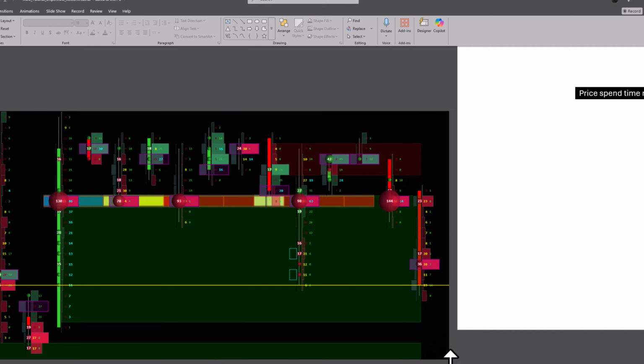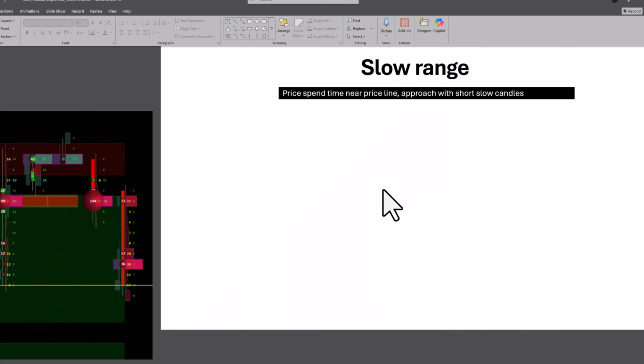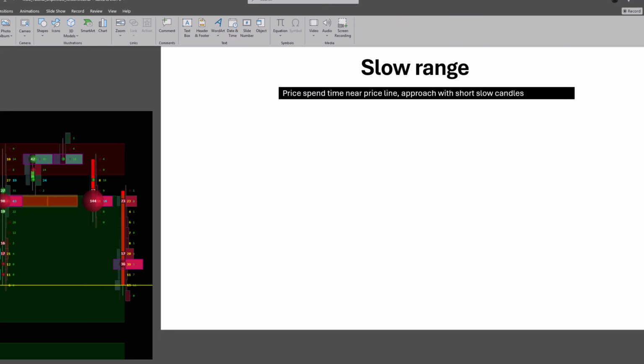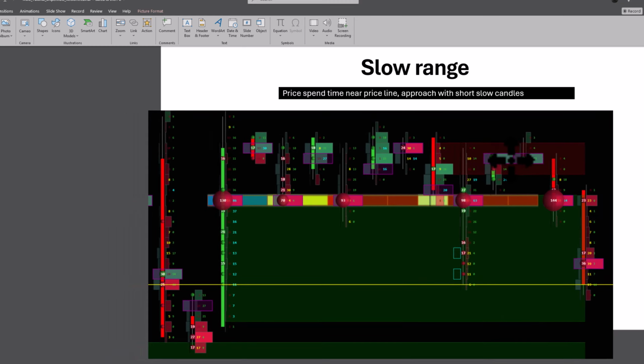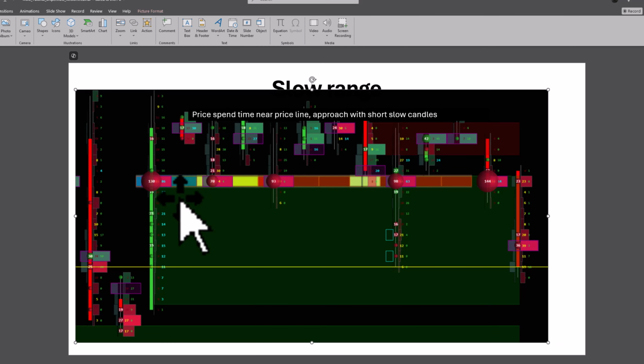My point over here is, if I try to draw it, PowerPoint should give me the tool, but no, it doesn't. Anyway, if you're seeing that the price is nearby the price line you have in mind, and it's coming close with short candles, most likely it will go through.